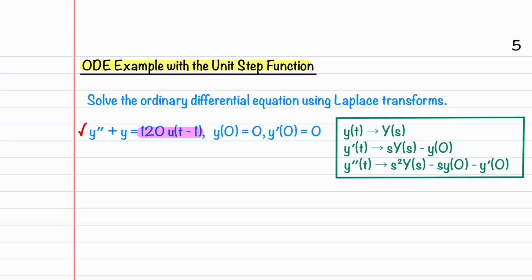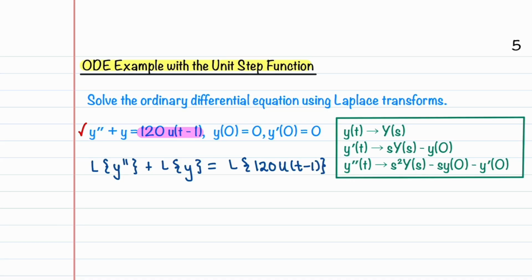Let's start by taking the Laplace transform of every term in our equation. We have the Laplace transform of y double prime plus the Laplace transform of y is equal to the Laplace transform of 120 times u of t minus 1.